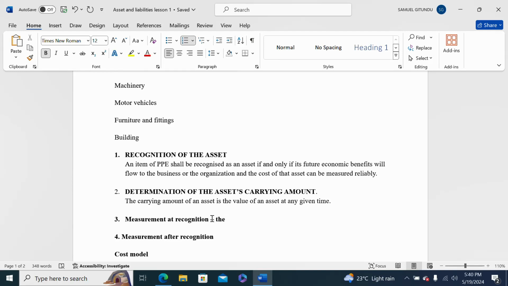of property, plant, and equipment is measured at cost. It is measured at cost.